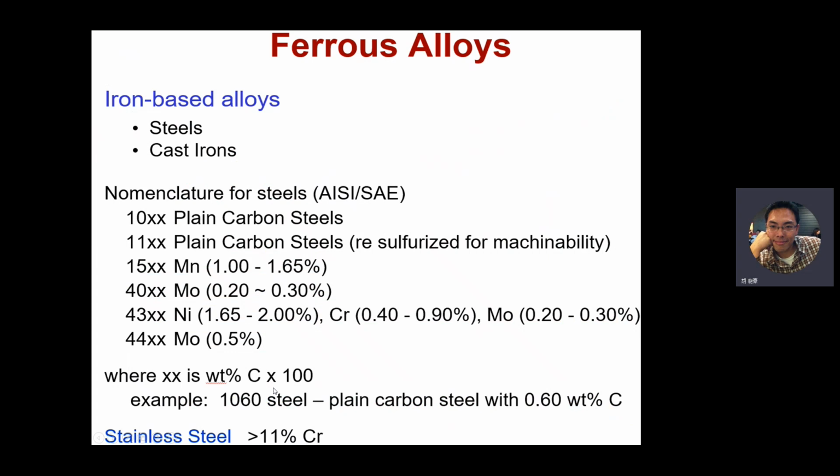So let's look at the nomenclature for steels. Iron-based alloys can be classified into steels and cast irons, as already mentioned.